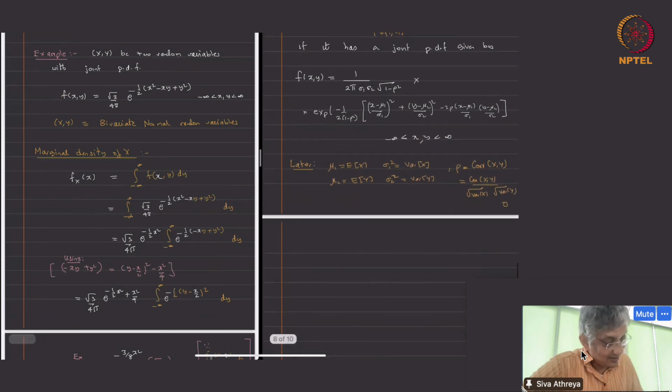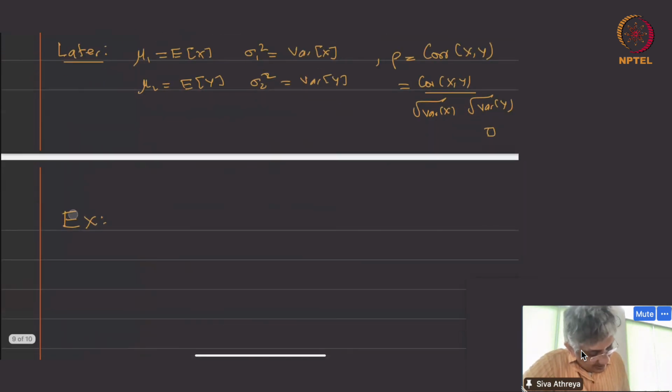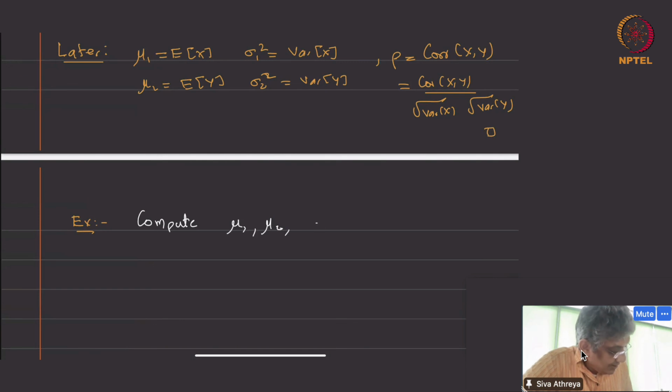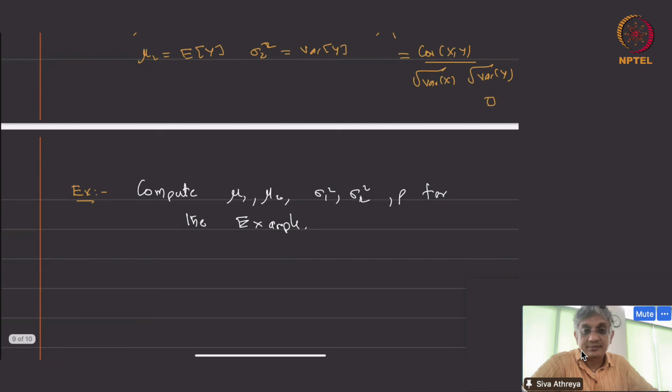So the exercise is that one can compute mu1, mu2, sigma 1 squared, sigma 2 squared, and rho for the example. That also we will see later on, but you can think about how to do that yourself. Okay, we'll stop here.